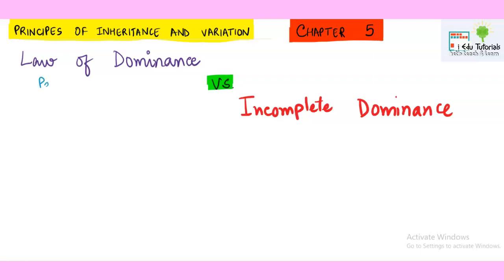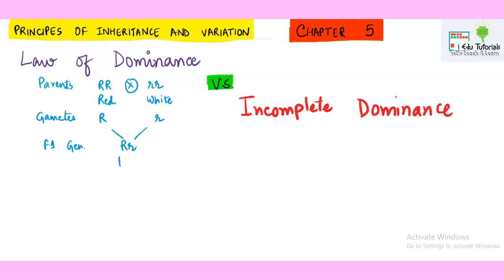We will be taking parents, and the parental genotype will be homozygous dominant versus homozygous recessive. This was the red parent, and this was the parent with the white flowers. Gametes will form, capital R here, small r here, and after that the F1 generation will be seen as capital R, small r genotype.